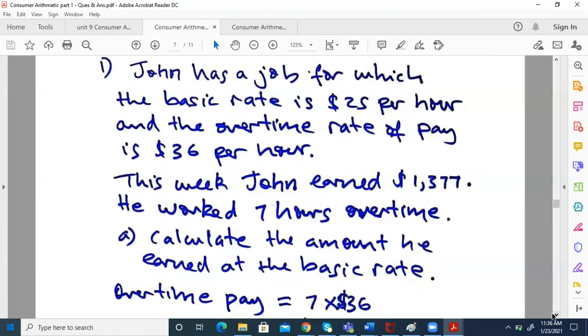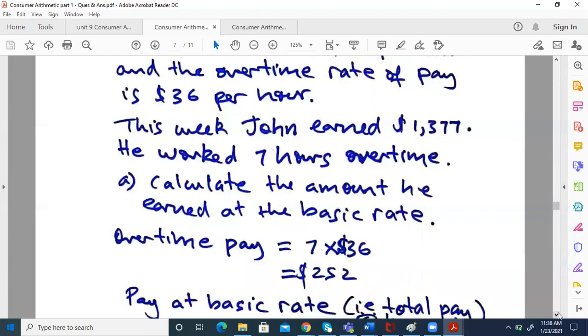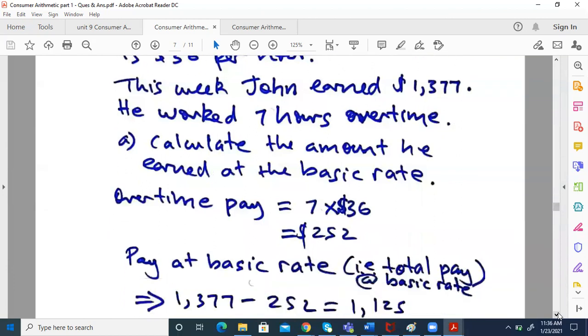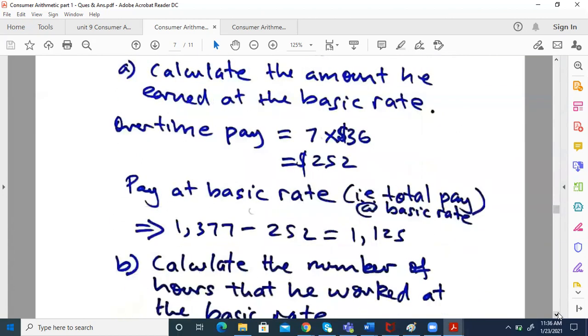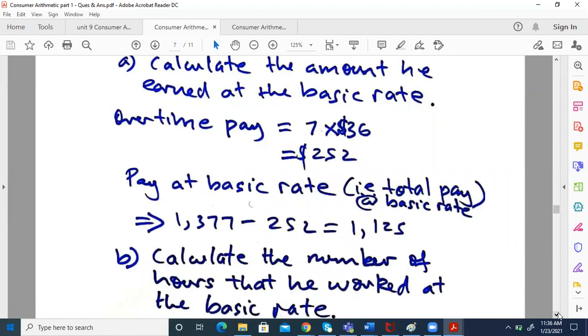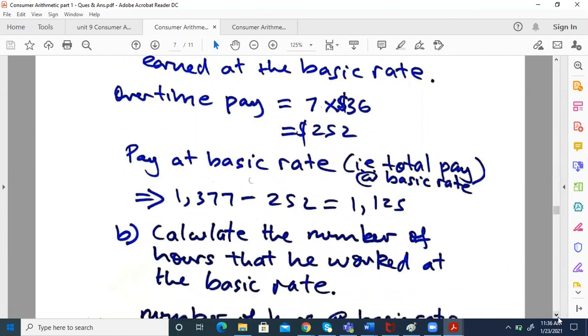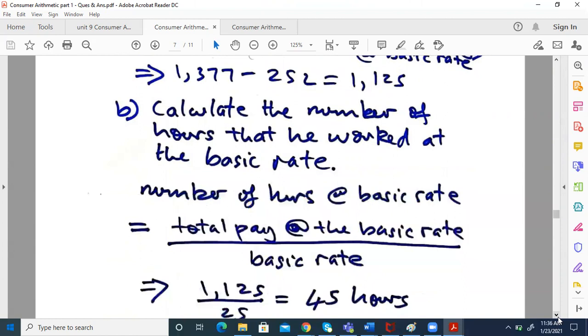That is the overtime pay, and then pay at the basic rate is just the difference here. What about calculating the number of hours that you work at the basic rate? Oh yeah, I just divide that by the basic rate money. So nothing is there that would challenge you, right?